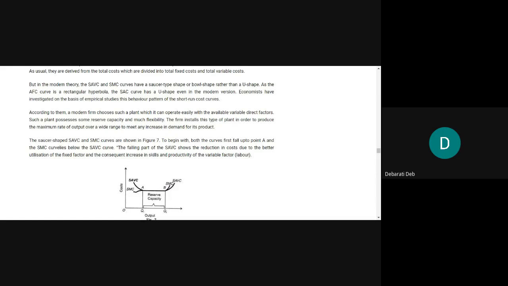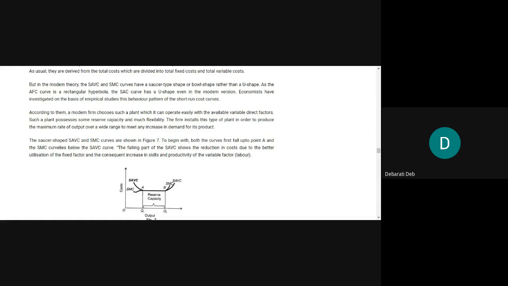So what the modern farm actually does is select such a plant where they can easily install any kind of facilities, easily revert to any other type of facilities, with flexibility and reserve of the fullest capacity of the plant.